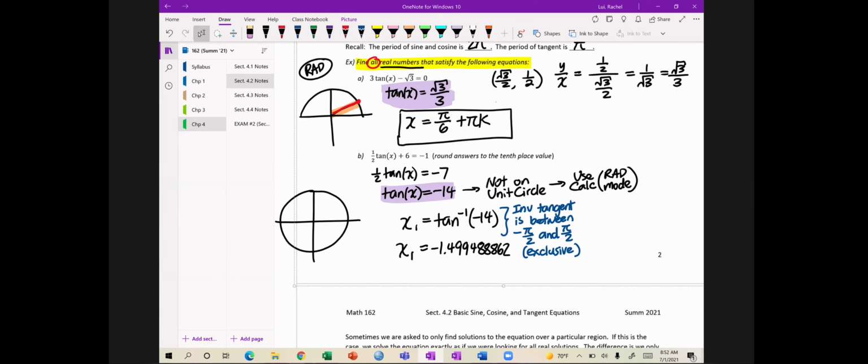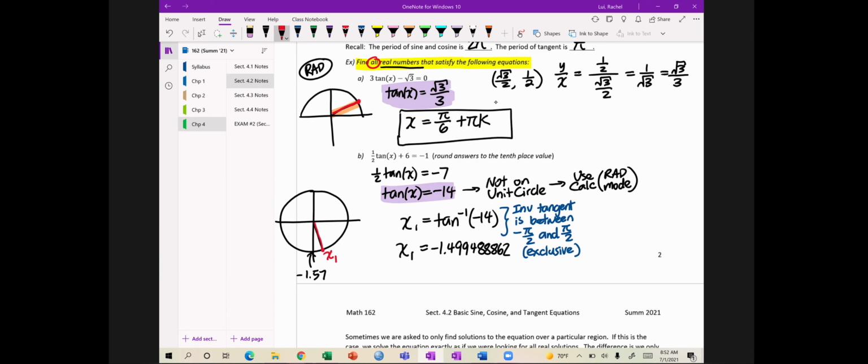Okay, so if we put in our calculator negative pi over 2, right here, that's at about negative 1.57. So our solution x1 is about here. So I'll mark that x1.